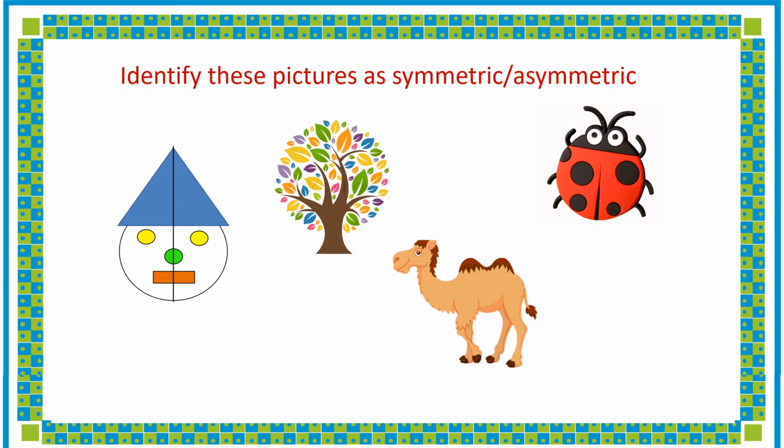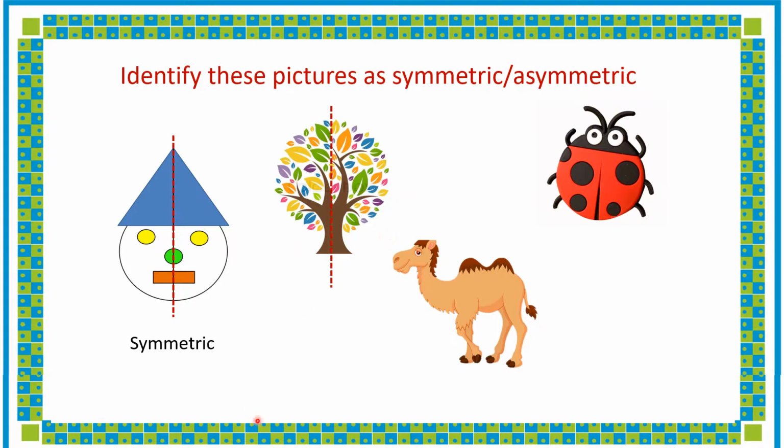Identify these pictures as symmetric or asymmetric. Let's look at the first one. This is the line of symmetry and we can see that both the sides are exactly the same. So this is a symmetric shape. Let's draw our line on the second one. Now here we see that both parts are not the same.